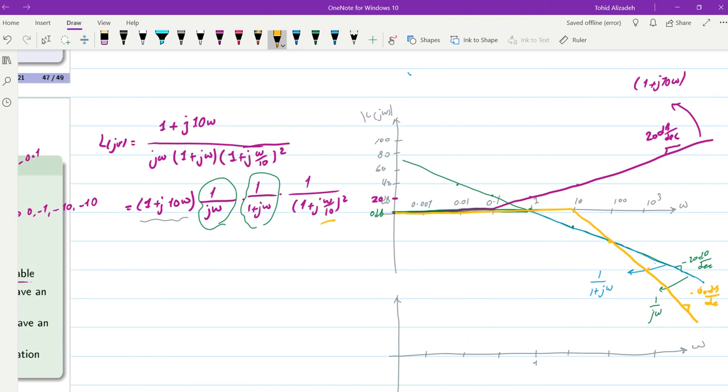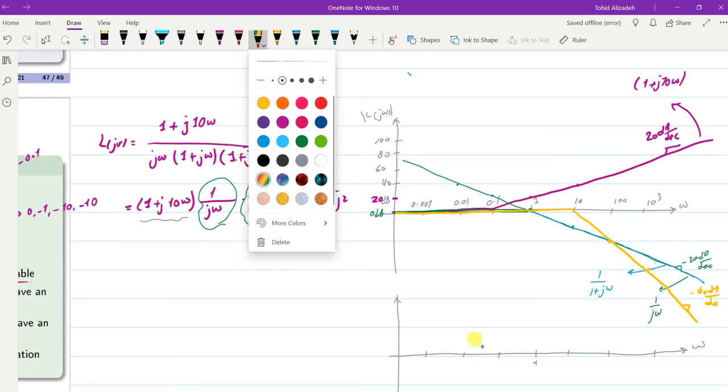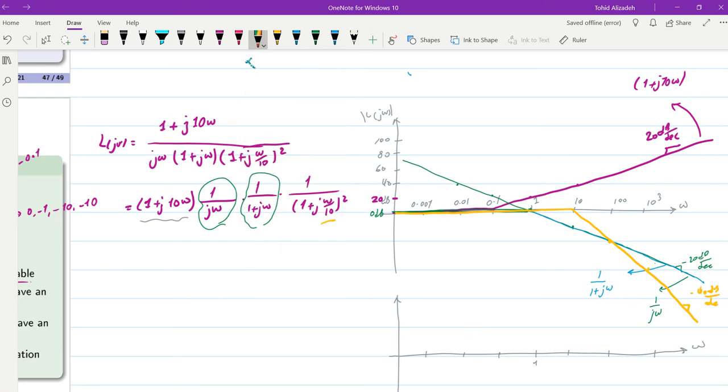And now we need to combine all these with each other in order to obtain the overall Bode plot for the system. Let me change the color. Okay. So up to omega equal to 0.1, we will have the contribution coming only from the pole at the origin.